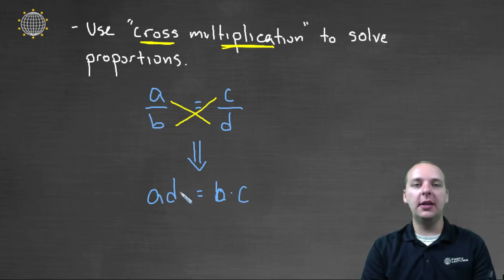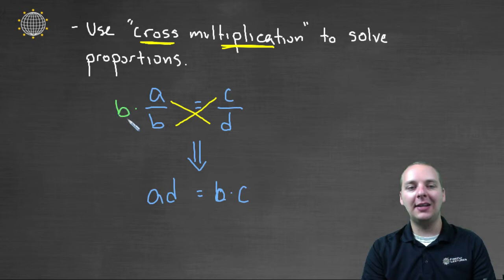Now please understand, cross multiplication is not magic or anything like that. It's got solid fundamental reasons why you can do this. If you just wanted to use straight up algebra to rewrite this, notice you could multiply both sides by b, and notice what would happen.